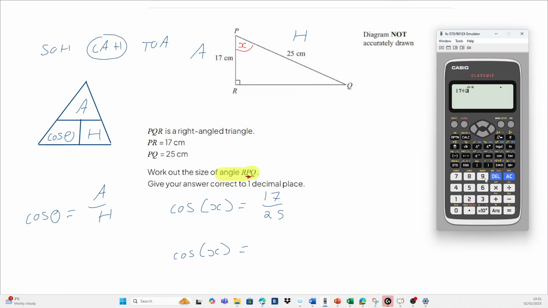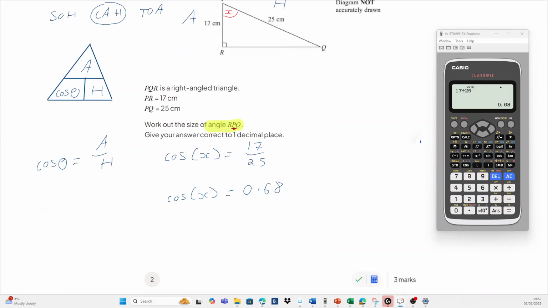17 divided by 25, which as a decimal is 0.68. And then to get the angle here, that's where you have to do the cos inverse thing. So cos inverse of 0.68. And you put this into your calculator.